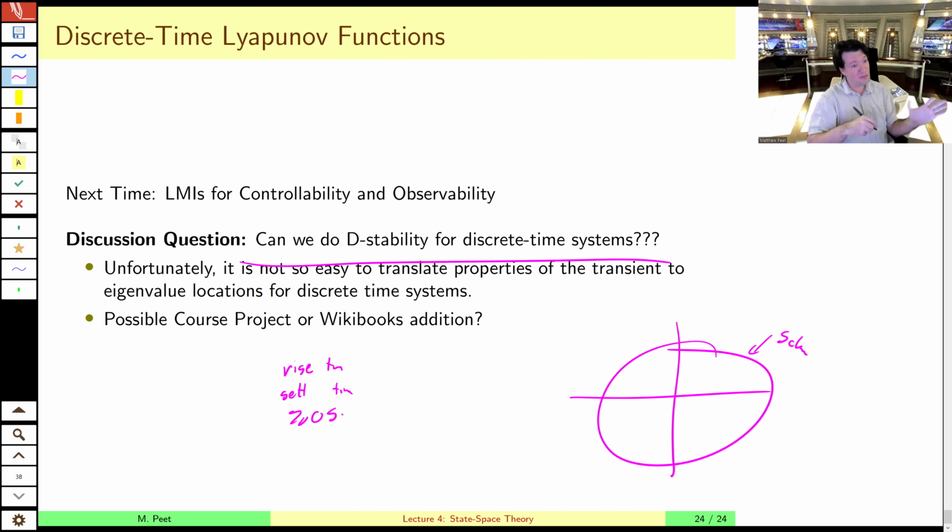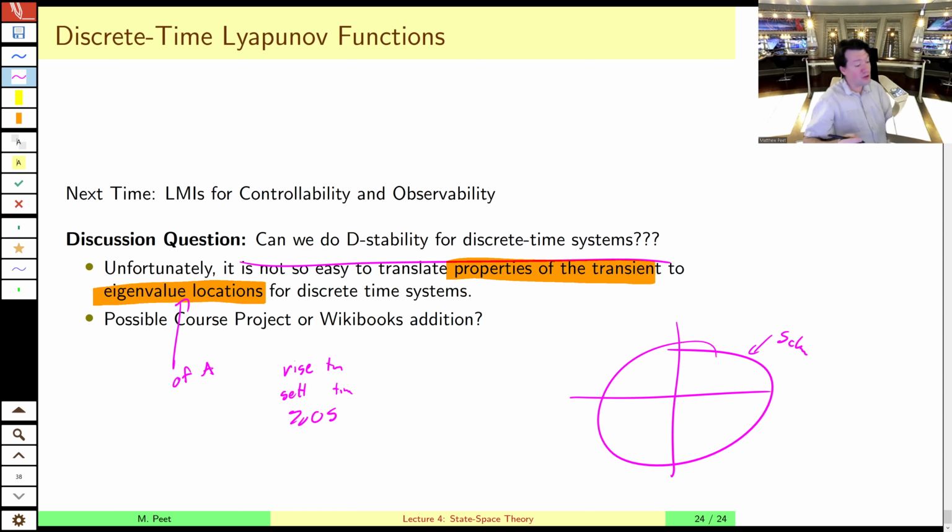In continuous time, the constraints on the eigenvalues of A were pretty dodgy to begin with. And in discrete time, we just don't have an equivalent. There's no easy way to translate properties of the transient response of a discrete time system to eigenvalue locations of A.